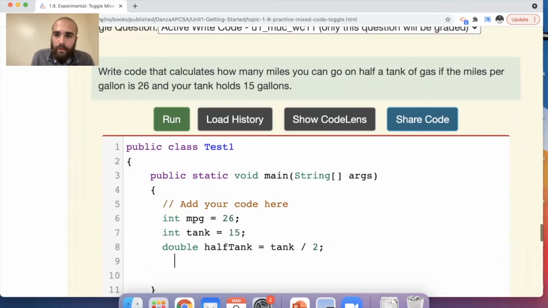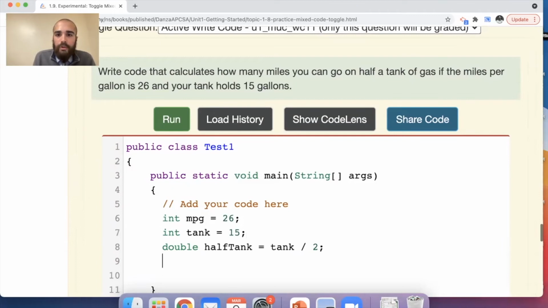So how far can you go on a half tank of gas if the miles per gallon is 26 and your tank holds 15? Maybe I should wait till the end to divide by 2 then. Try to think of different ways I can do this. Most efficient way, we'll figure out in the end.